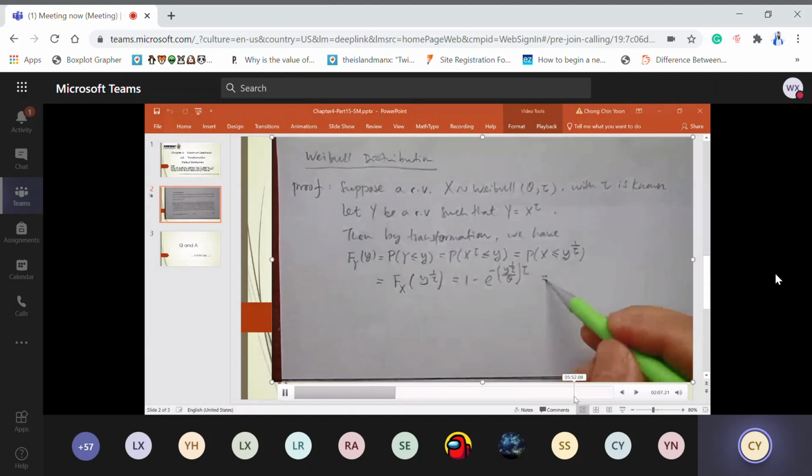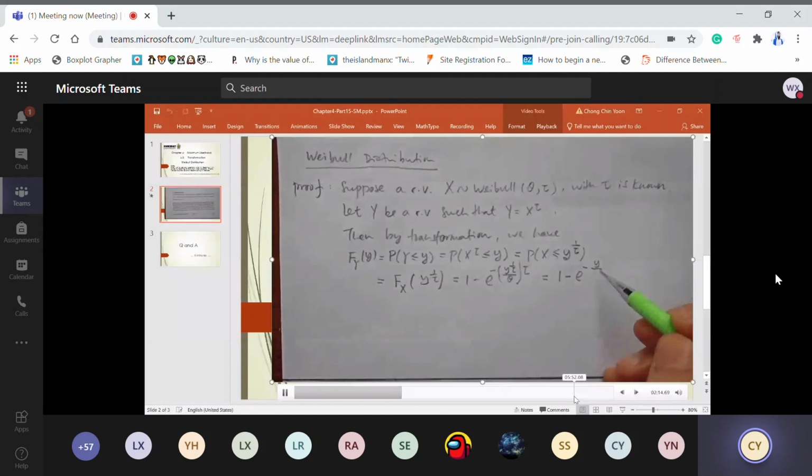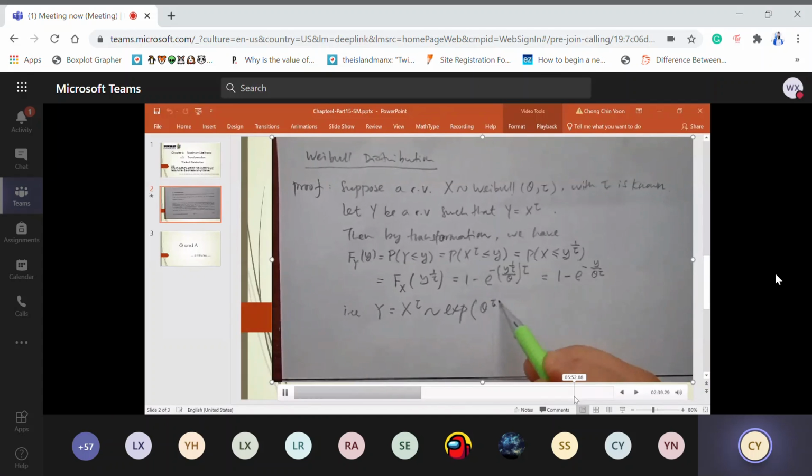And this is equal to 1 minus e to the power of negative y divided by theta to the power of tau. And obviously, this is an exponential distribution. In other words, this y, that is x to the power of tau, is exponentially distributed with the parameter theta to the power of tau.